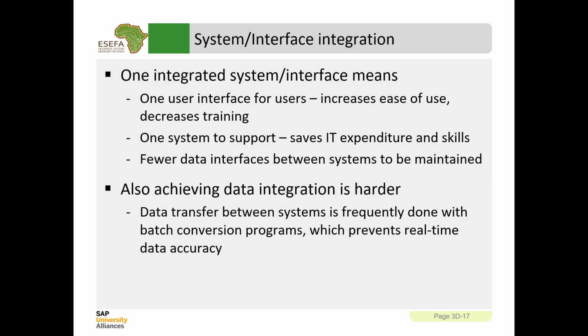Also, achieving data integration is harder. Data transfer between systems is frequently done with batch conversion programs, which prevent real-time data accuracy. Now, what does this mean? For example, a transfer was made from the store, and there's a need for the warehouse manager to update.